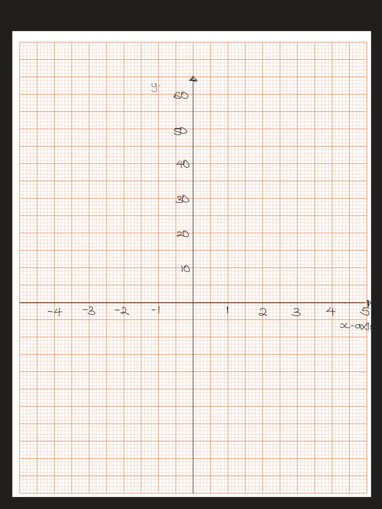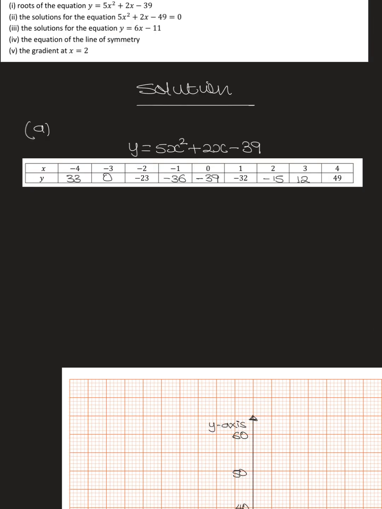That is the y-axis. We can do the opposite, which will be negative values. So we have minus 10, minus 20, minus 30, minus 40, minus 50. So coming back to this table, we are going to plot the values of x against y on our graph.